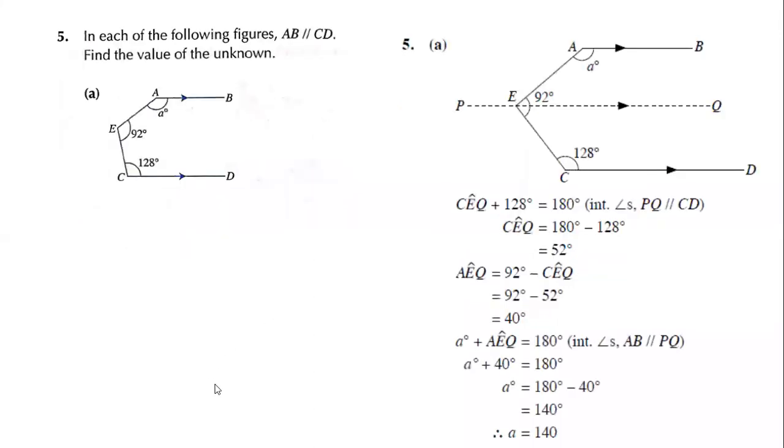I hope this is easy for you now. Now again we are going to solve this question. So again we are going to make a parallel line here. So we can say that these two angles are now the angle here and the angle here. Actually 92 is divided into two parts, up here and here.